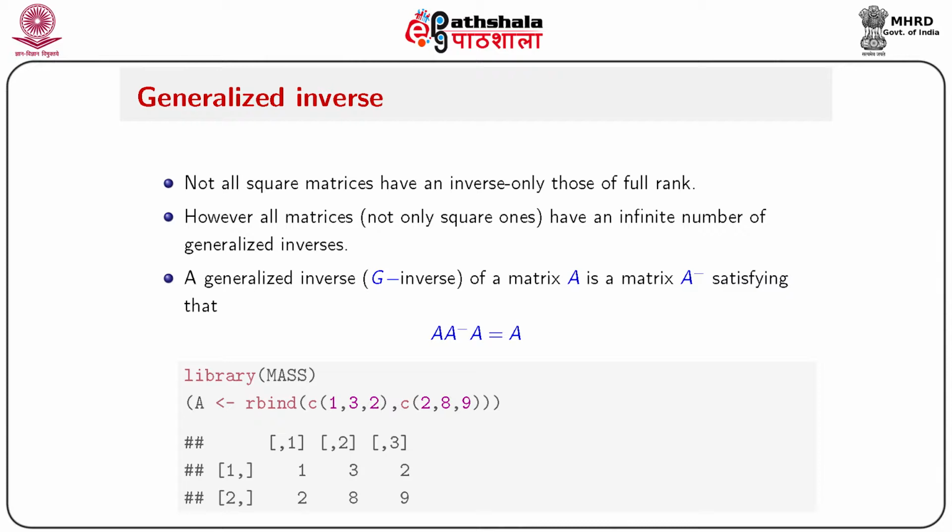So now I am taking the help of the library MASS and then assigning a 2 by 3 order matrix using the rbind command, say rbind c(1, 3, 2) and c(8, 9), then it will generate a matrix A. And if you pass this assigned matrix within a bracket, it will automatically display.